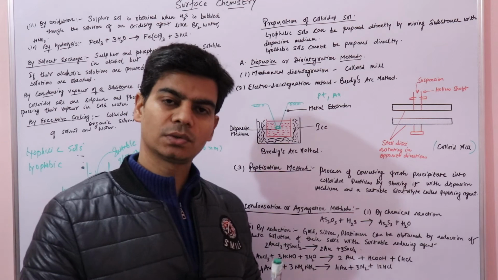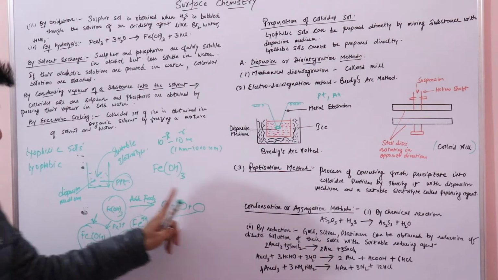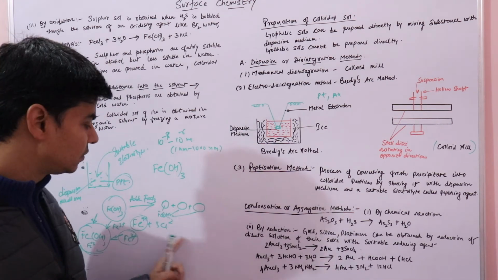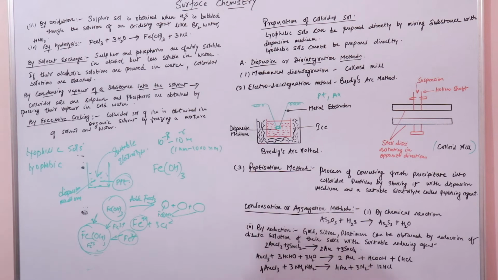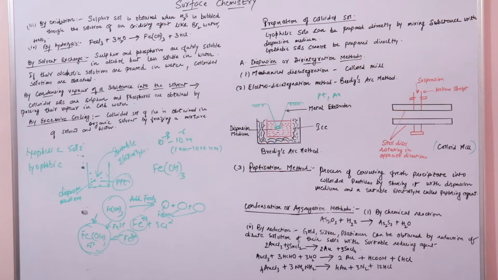So due to this electrostatic repulsion, this precipitate will disintegrate into particles of smaller size, right? And the smaller size would fall in the range of colloidal solutions or colloidal particles, right? So I hope this is clear, right?